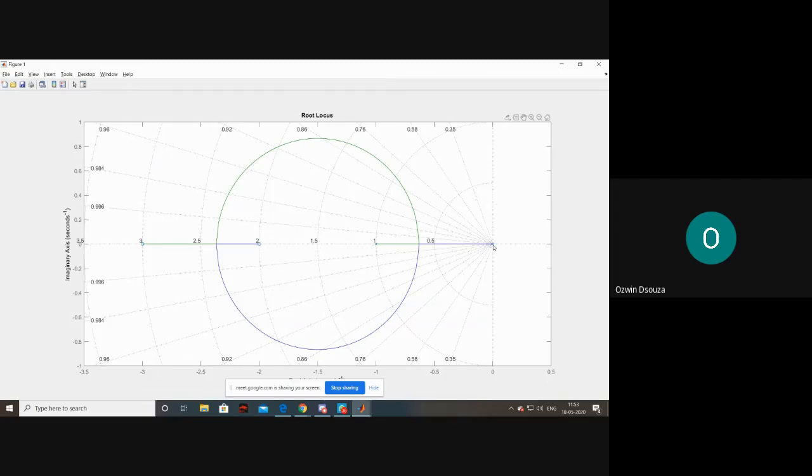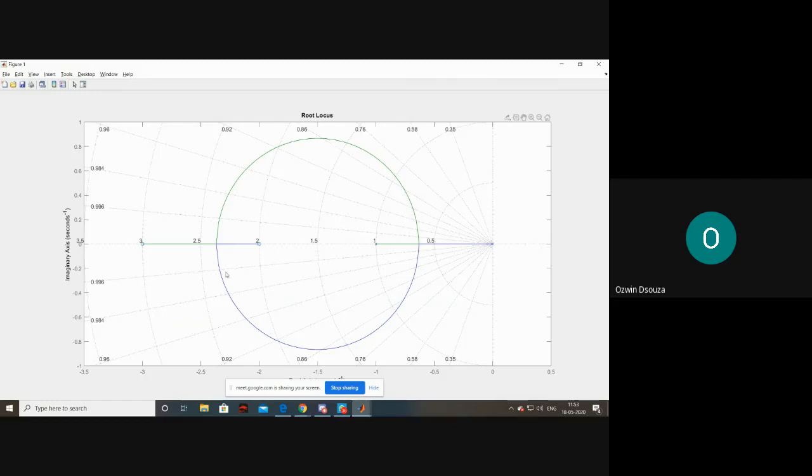You have a pole at the origin, and you have a pole at -1, because poles are projected with the symbol X, and zeros are projected with the symbol O. One zero is located at -2, and the other zero is located at -3. This is your j omega axis, and this is your real axis.